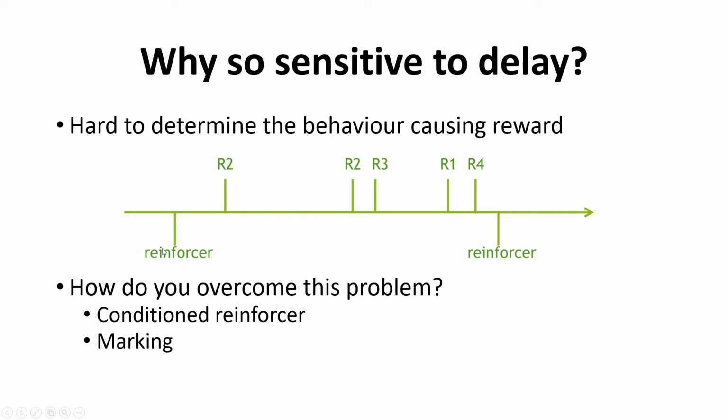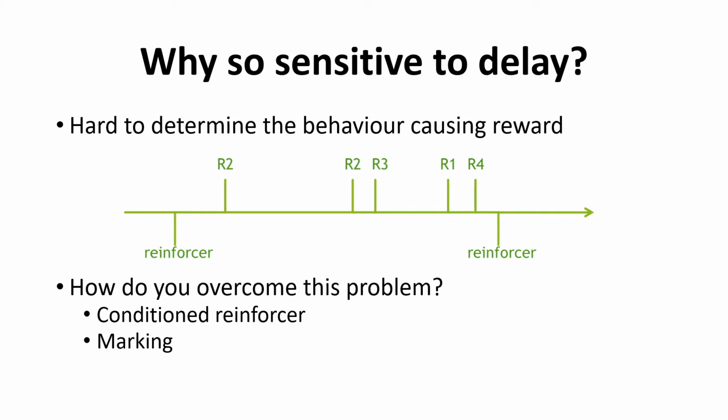If we look at this simplified diagram here, we have two instances of reinforcement. A rat got food at this time period and got food again at this time period. Maybe they're getting food after 5 seconds when they pressed a lever, and that's response number 1. But there are other things in the cage. Maybe there are other levers. Maybe there are buttons.